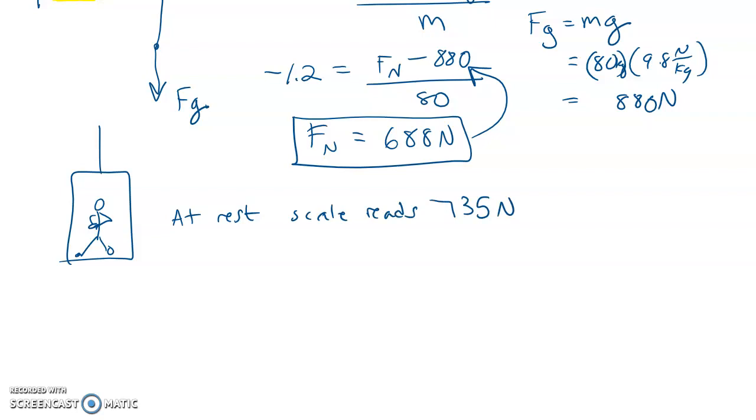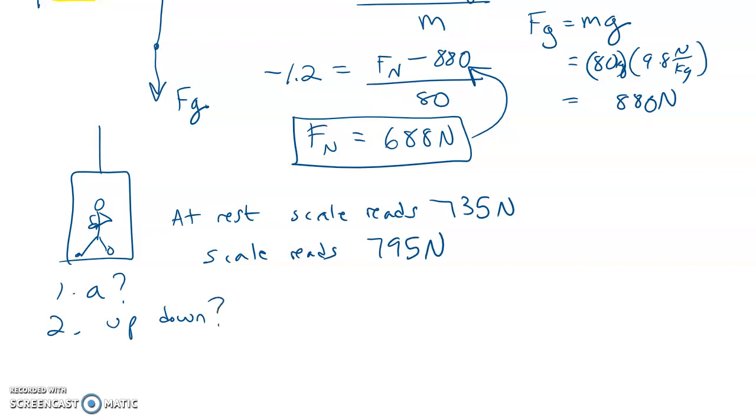But at another point in time, the scale happens to read 795 newtons. So what I want us to figure out is, one, what's the acceleration at this other point in time? And two, let's see if we can figure out which way is it moving? Is it moving up or down? And whether it's speeding up or slowing down.